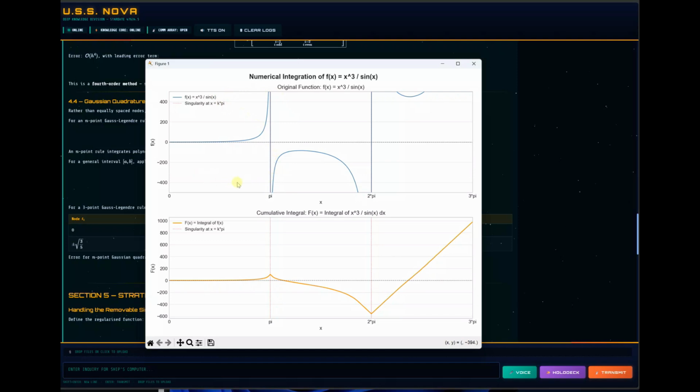There's 0, that's pi, because when x is equal to pi, you've got x cubed over 0, which goes to infinity, and likewise 2 pi and 3 pi and so on. So it doesn't exist at these points, it goes to infinity, but the integral does exist, which is quite interesting. Just showing how powerful this computer is.